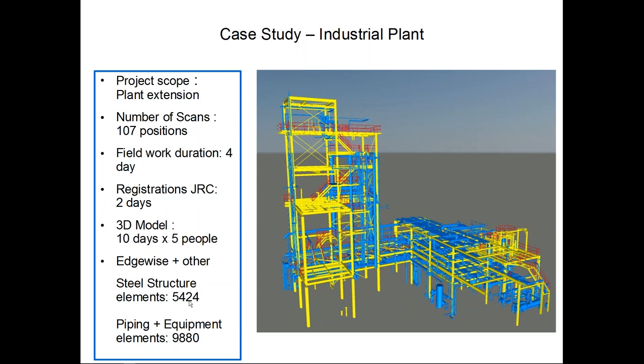We have used edge-wise to identify all the steel structure, and those are like 5,000 something elements, and that was done within 5 days approximately, while the rest was partly identified by edge-wise and partly, because it was a new process for us, we did it with our previous software, but we have a very good sense that that's where we are losing a lot of time for the moment.